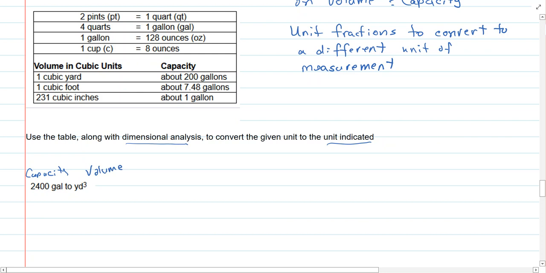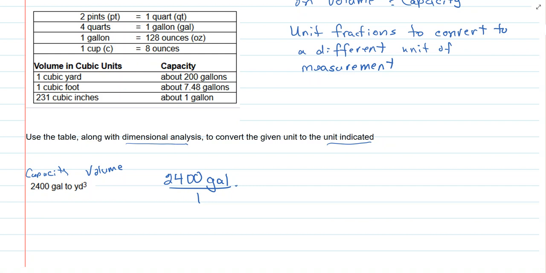All right. So we're going to write what we know. 2,400 gallons is what we're starting with, and we want to change to yards cubed.